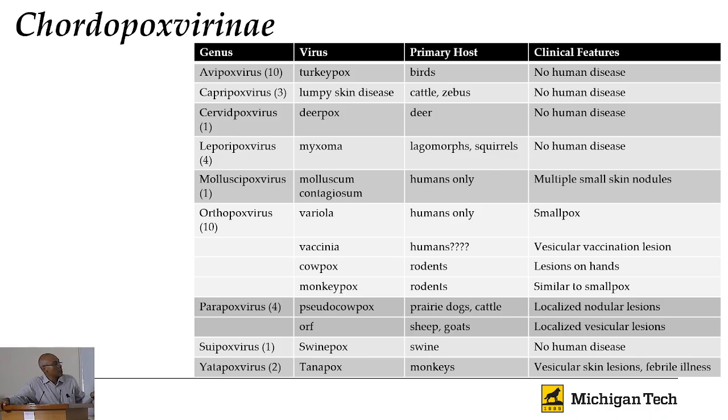The primary host is rodents, but vaccinia is another model. It does not do too much. Vaccinia virus is used a lot for making vector vaccines, for different vaccine-making platforms by different companies and others.